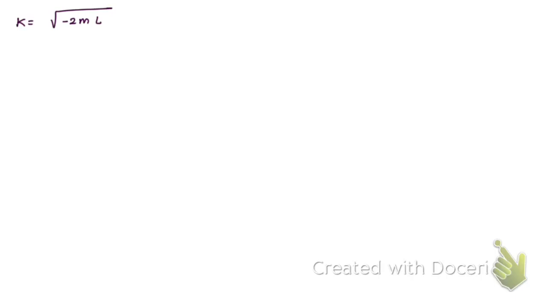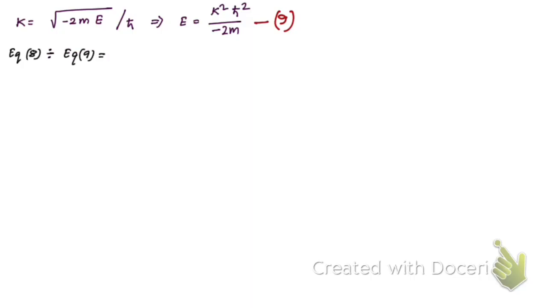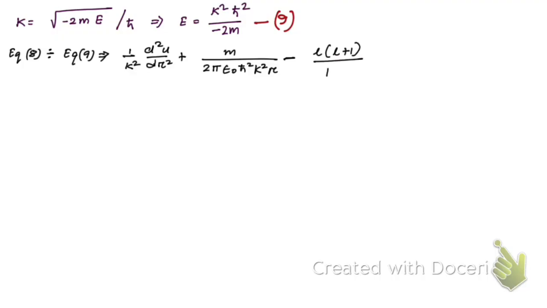This was the expression we have considered, k is equal to this, and from here we get E is equal to this. This is, suppose, equation number 9. Now let us divide equation number 8 that we obtained in the previous slide by equation number 9, and we get this relation. Hope you have understood this.